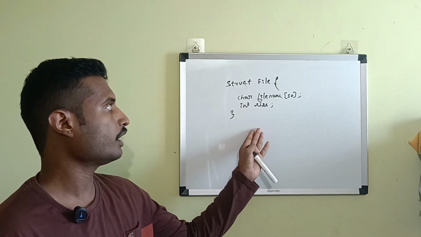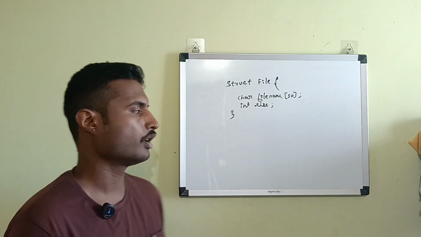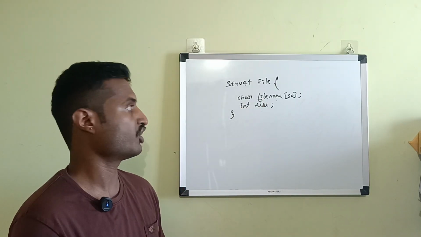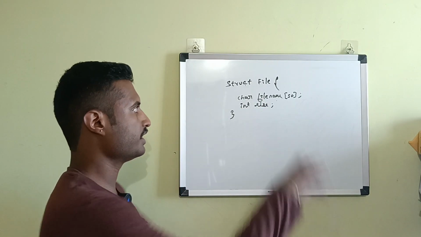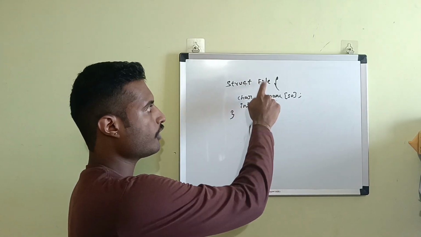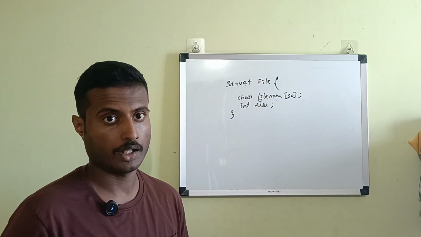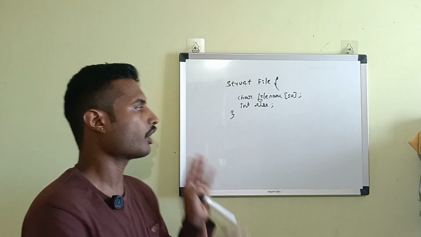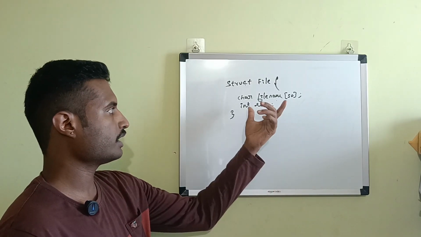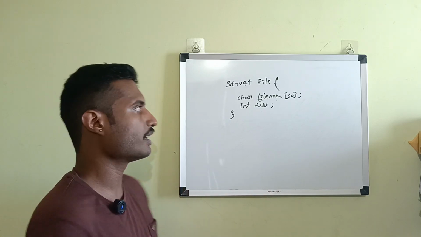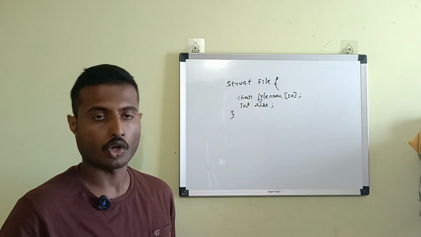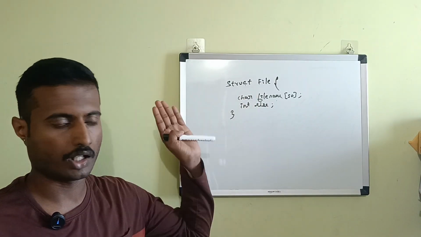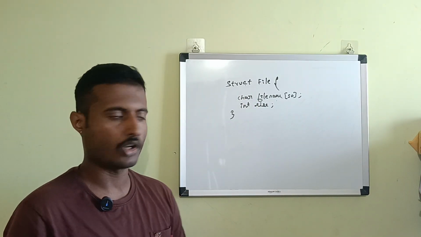This is how we represent a struct. We will have everything that represents a file inside this struct. This is a way of telling the compiler, hey, this is a structure that we are following. This is the related data for each file, representing a file. It's simple. Hope you understand.